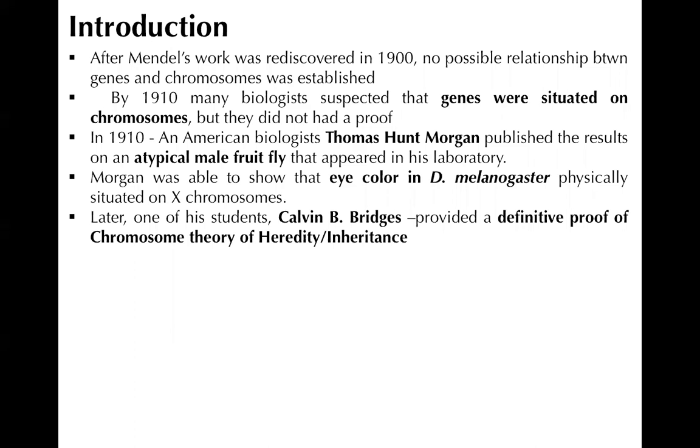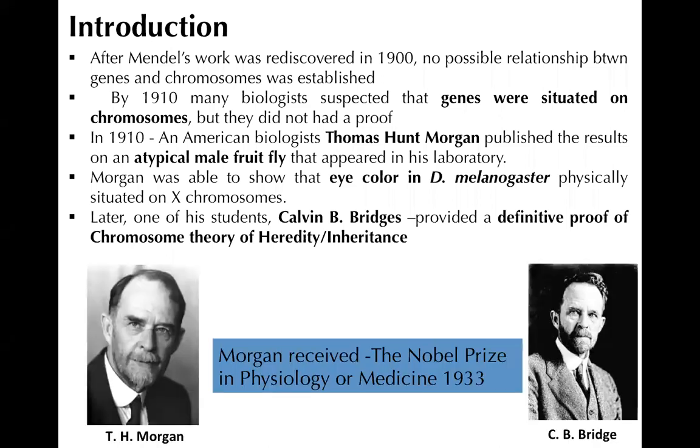After T.H. Morgan's experiment, one of his students, Calvin B. Bridges, provided definite proof of the chromosomal theory of inheritance. We will discuss these two experiments, the one done by T.H. Morgan and the one done by his student Calvin B. Bridges.